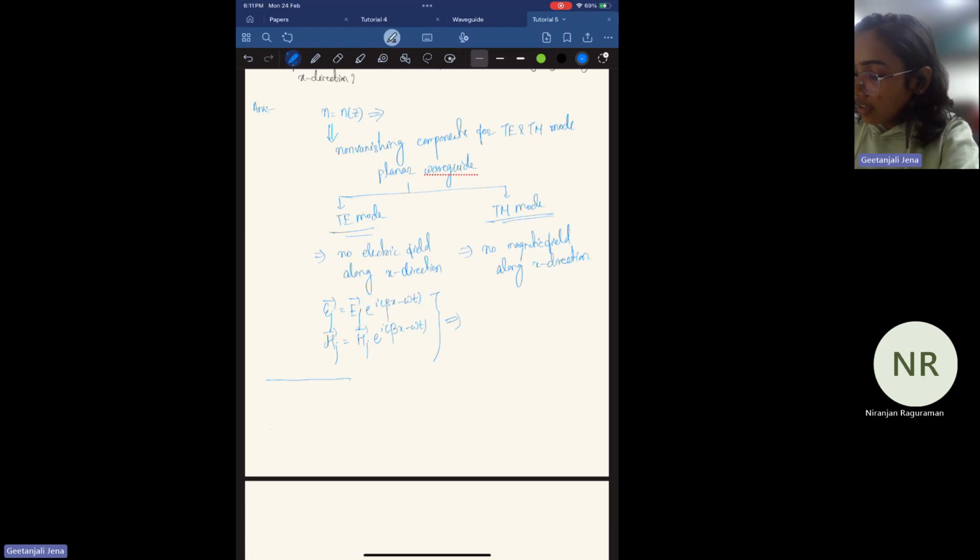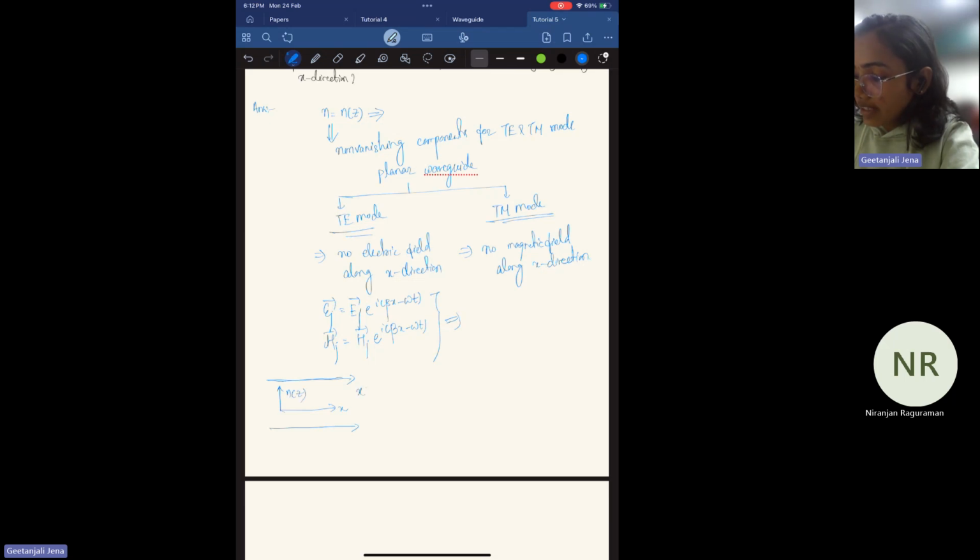Just look at the plane which has the refractive index variation as well as the propagation direction. So the propagation is along the x direction and there is a variation of refractive index along the z direction.